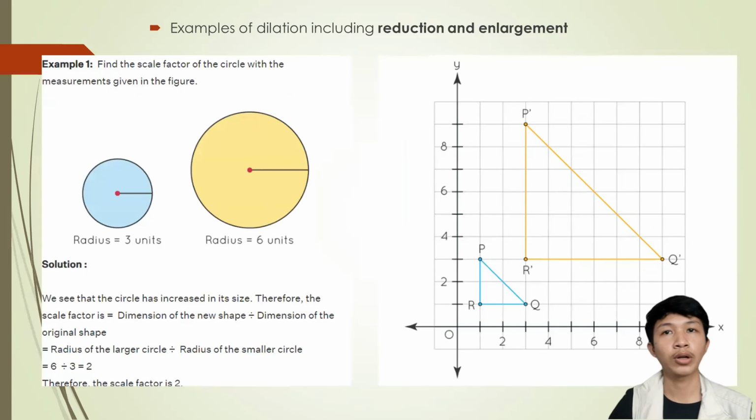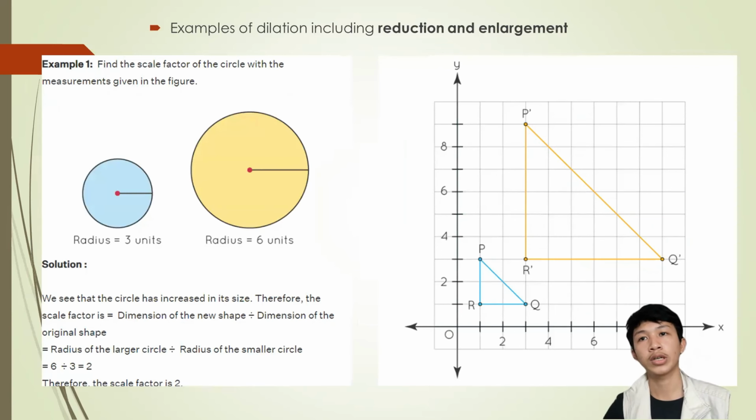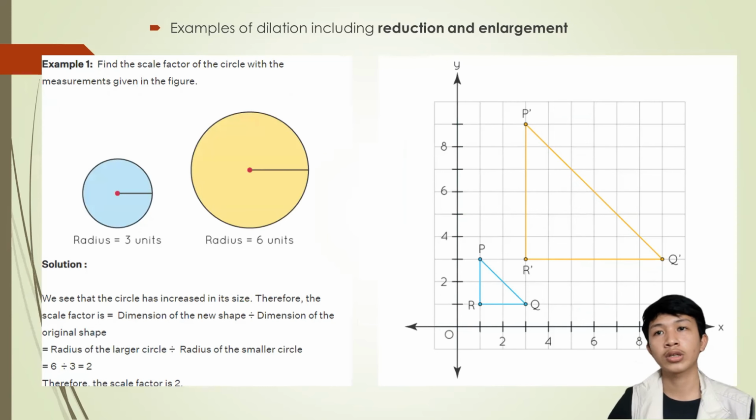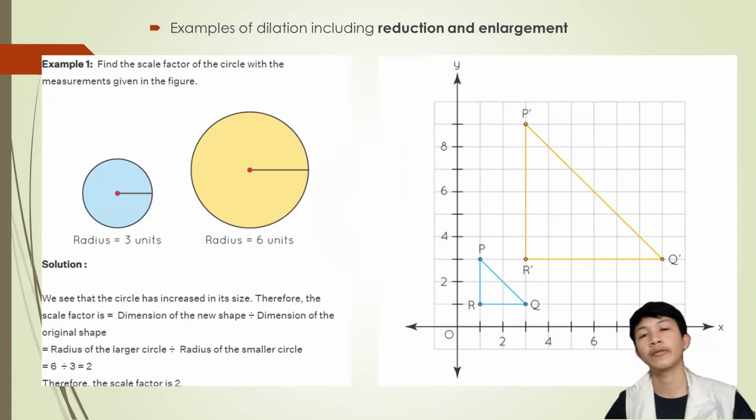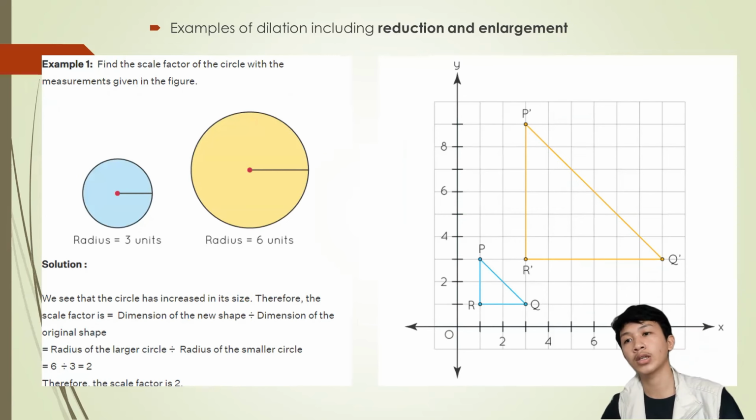And the last example is the dilation, which includes reduction and enlargement. Find the scale factor of the circle with the measurement given in the figure. As the given example, we conclude that the radius of this circle is 3 units. If we enlarge it, it will become 6 units.